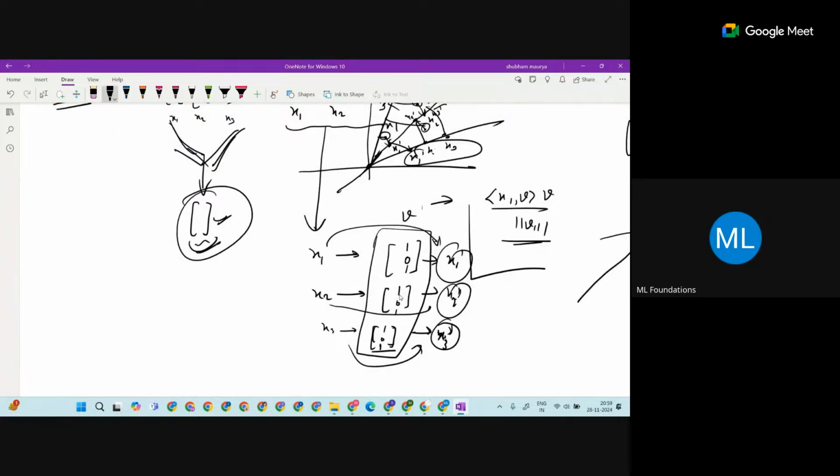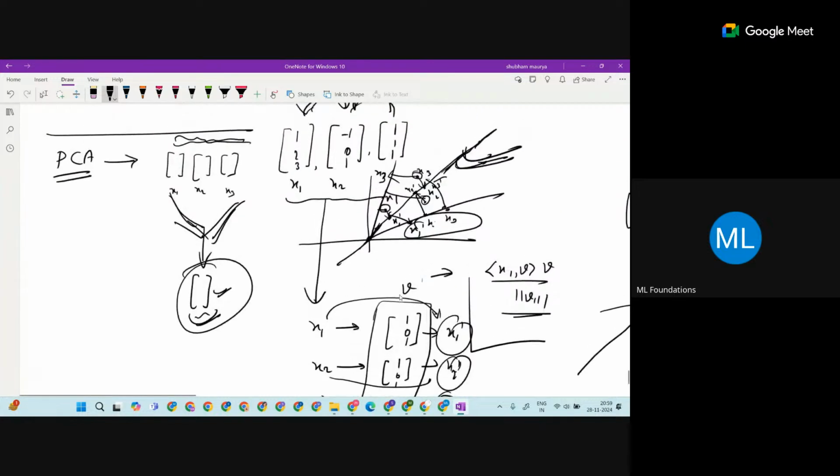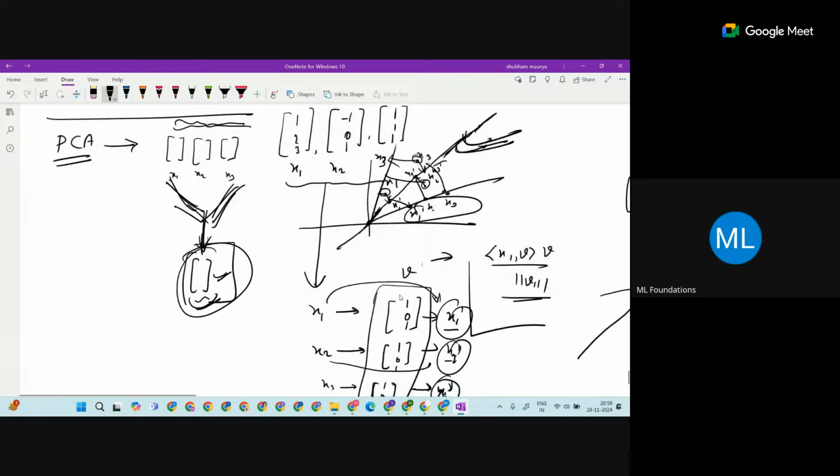So the final thing about the PCA algorithm is that whenever you do a reconstruction of the data, you project somewhere onto a single dimensional vector space. How can I get the minimum error in the data, whatever you get here as x1, x2, x3?